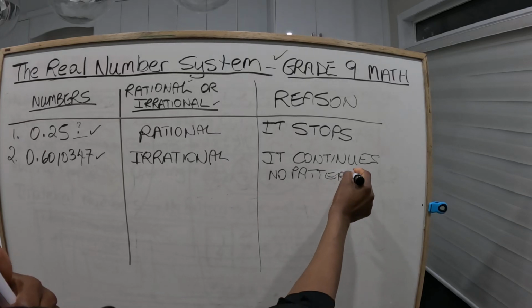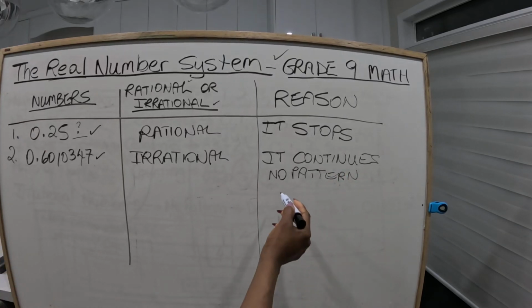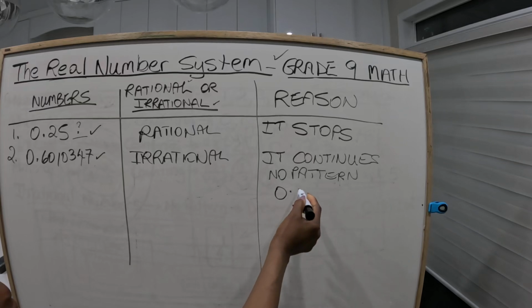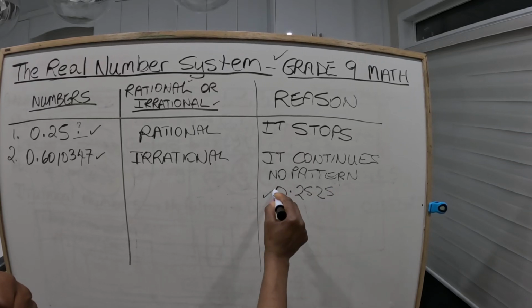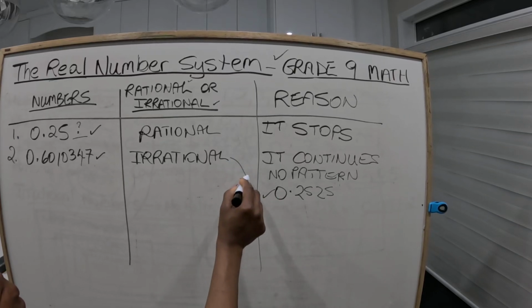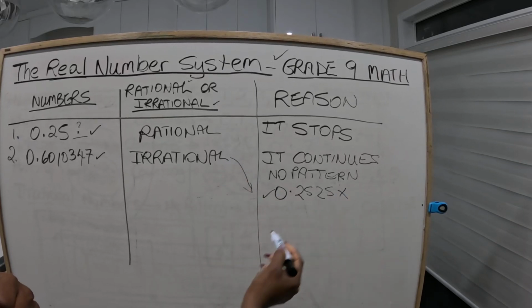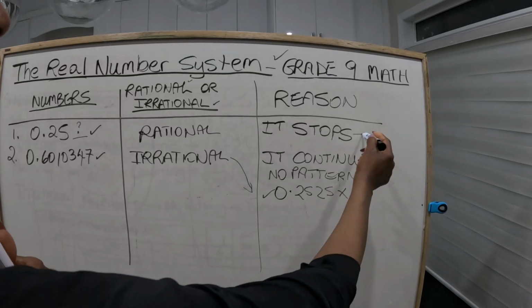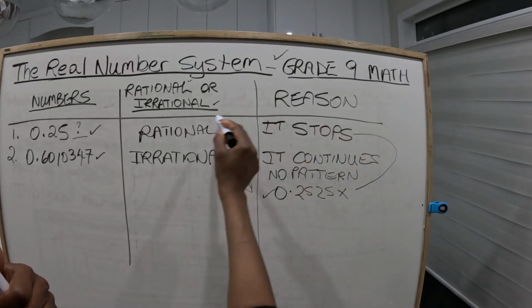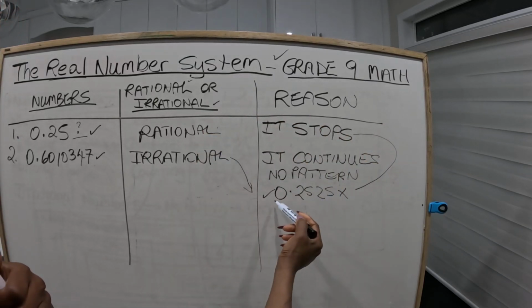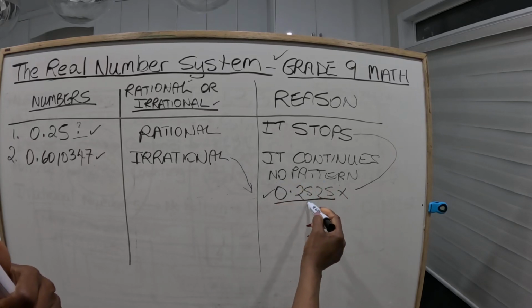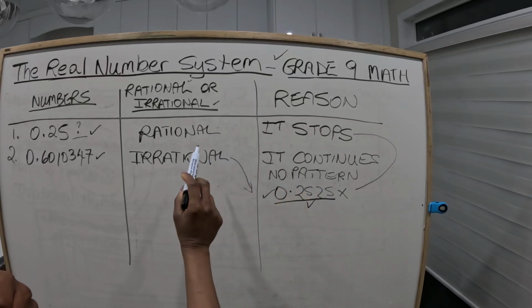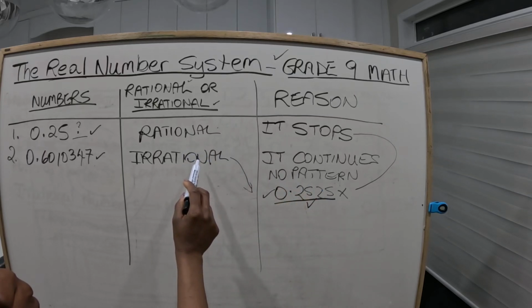And the reason we need to differentiate that is because if you had something like 0.2525, then that would not be an irrational number. It would be a rational number, and the reason is because it has a pattern. So if it has a pattern, like in this case, it is not irrational.